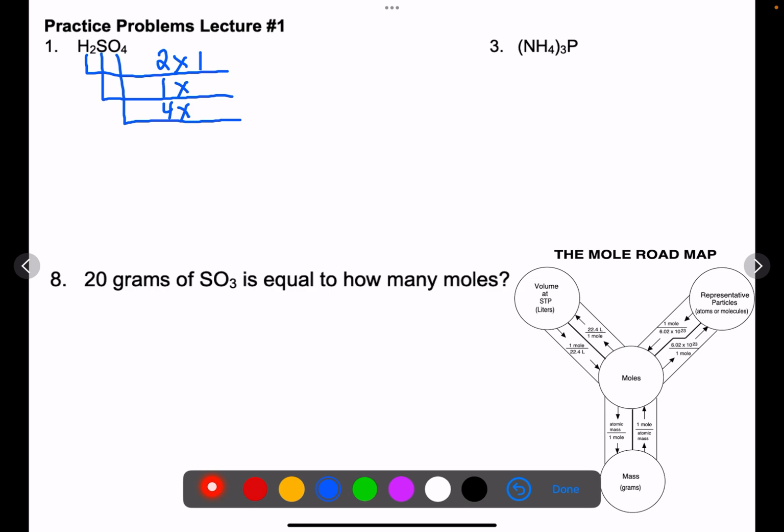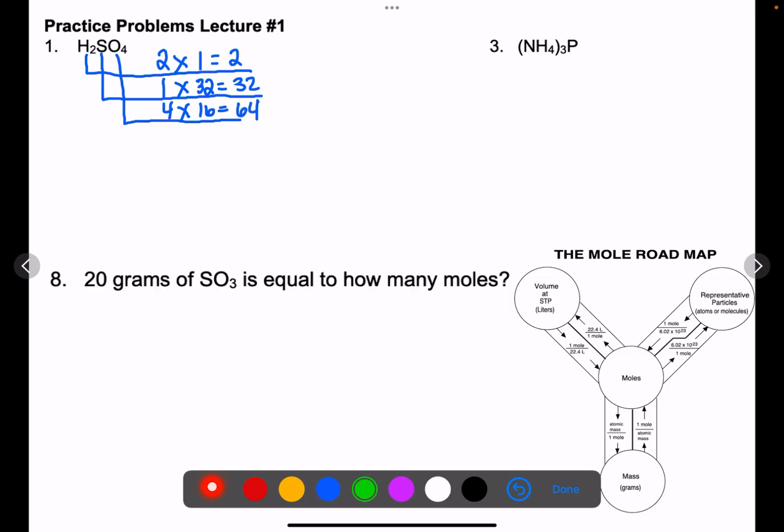Hydrogen's a 1. 2 times 1 is 2. Sulfur is a 32. 1 times 32 is 32. And oxygen is 16. 4 times 16 gives you 64.